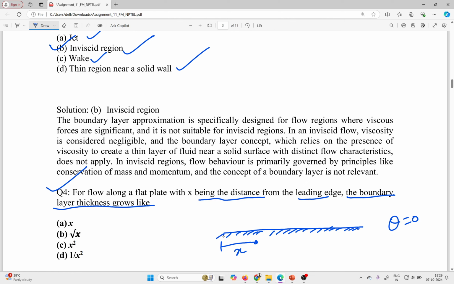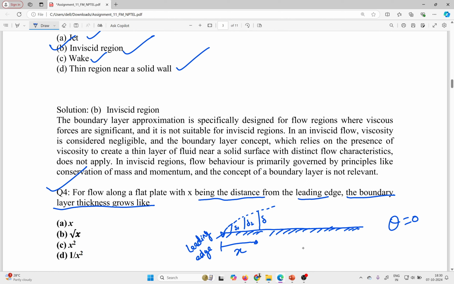This is your leading edge. The boundary layer thickness grows like that. We are talking about this thickness. Here is delta 1, here is delta 2, here is delta 3, like that.